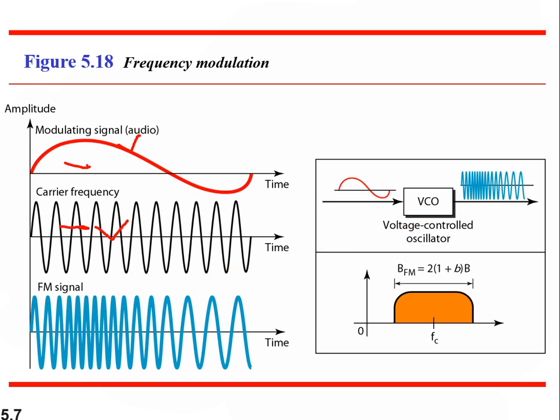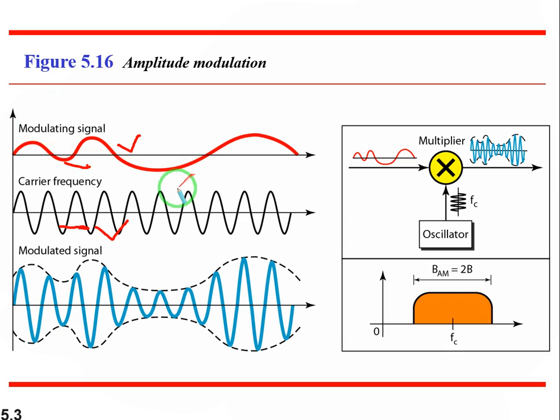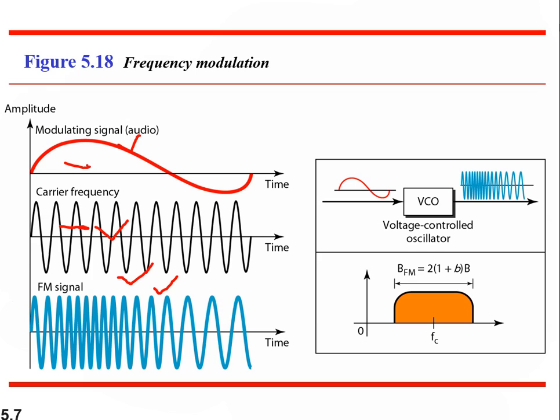One thing to remember: in amplitude modulation, the frequency and the phase are fixed and not changed. In frequency modulation, the phase and the amplitude are fixed. So what is changed? Just the frequency.